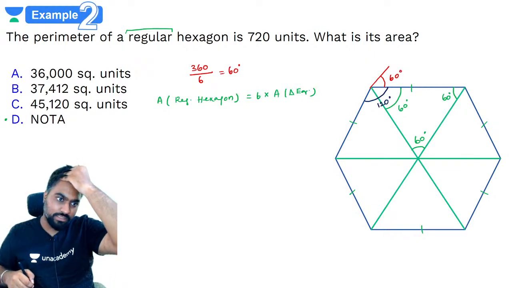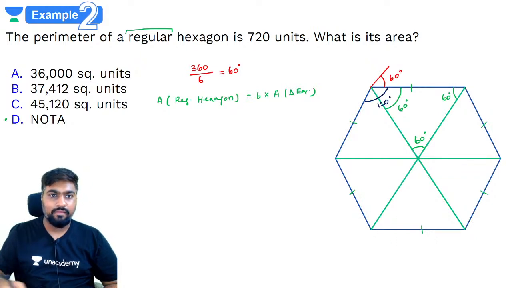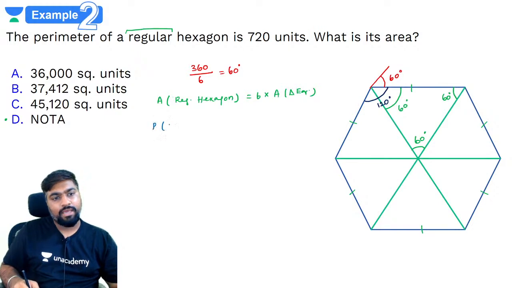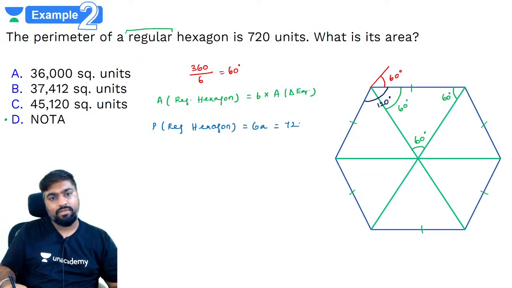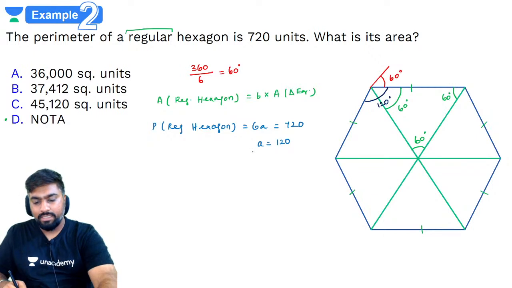What is the area of this particular equilateral triangle? Now they're saying the perimeter is 720. The perimeter of a regular hexagon is 6 times each side, which is 720. So each side is 120 units. Do you agree? Each side is 120 units.